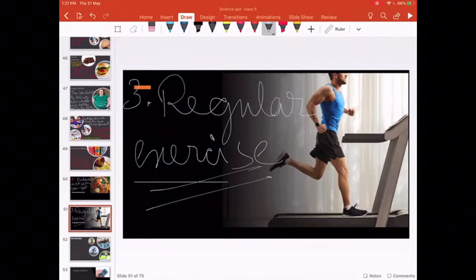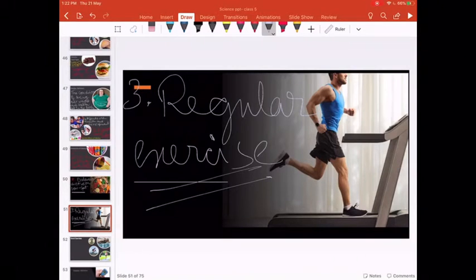Inculcate this habit in yourself. It's a very good habit. Not only does it improve our physical health, but it also helps develop our mental health. It will increase our concentration, our focus, our intelligence. So inculcate the habit of exercising every morning.